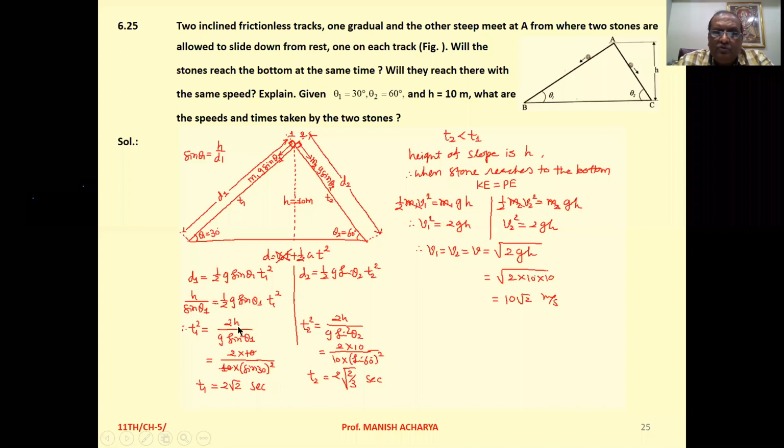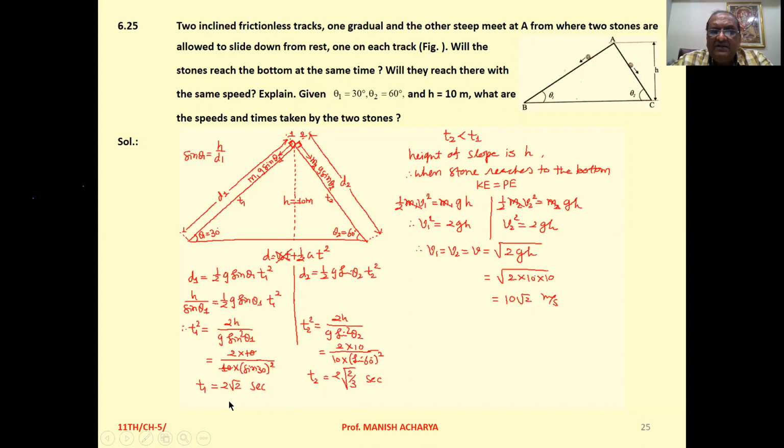Substitute the values. 2, h is 10, g 10, sine 30 square. And when you solve this, you will get t1 that is 2 root 2 seconds. And here substitute 2 into 10 upon g 10 sine 60 whole square. You will get 2 root 2 by 3.